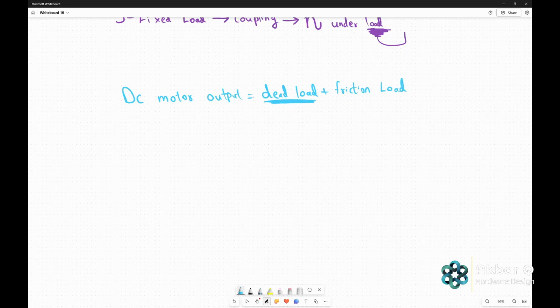So we have 1 and we have 2. To isolate number 1, we have to perform the 2 experiments in sheet number 1 and sheet number 2. Otherwise, we are neglecting the fact that there is power being sent to the dead weight, and that dead weight power is not being measured.